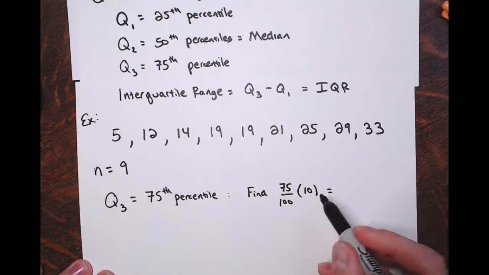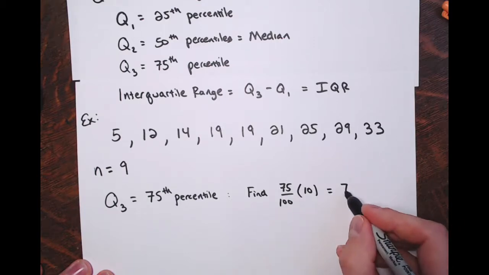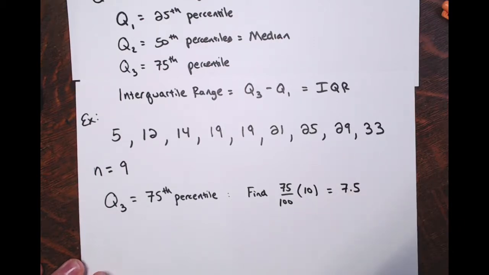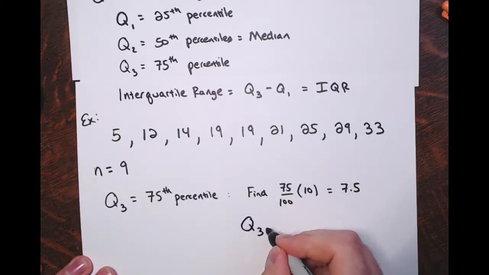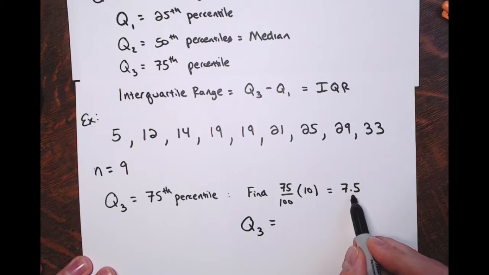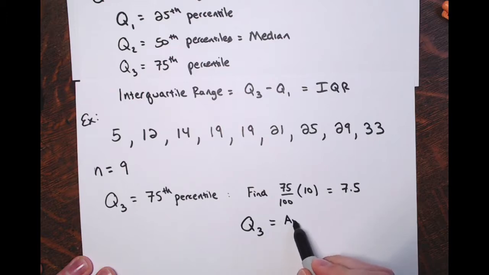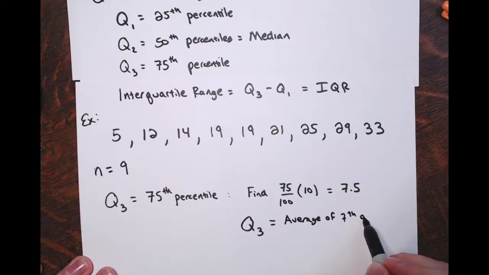What is this number? That's just 7.5. So that means that Q3, this is not a whole number. 7.5 is between 7 and 8. So Q3 is the average of the 7th and 8th values when they're written in order.